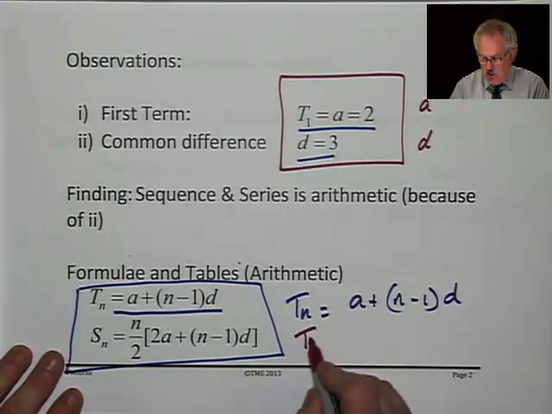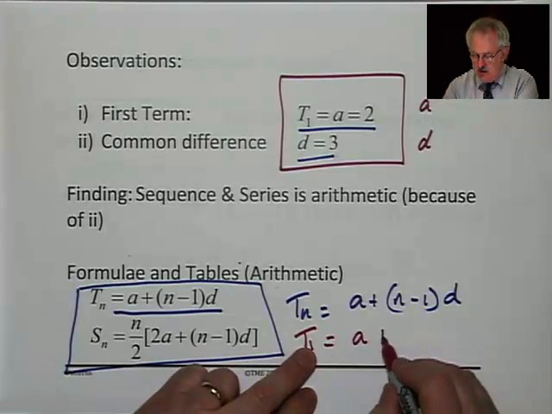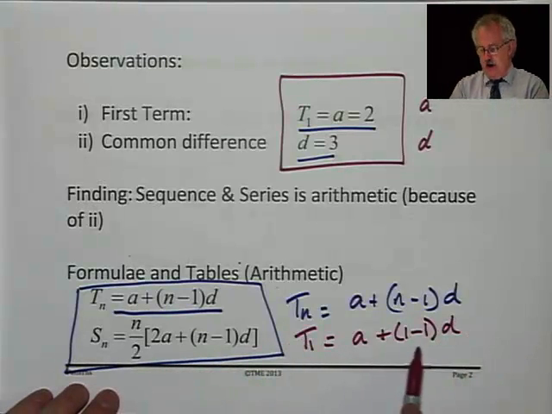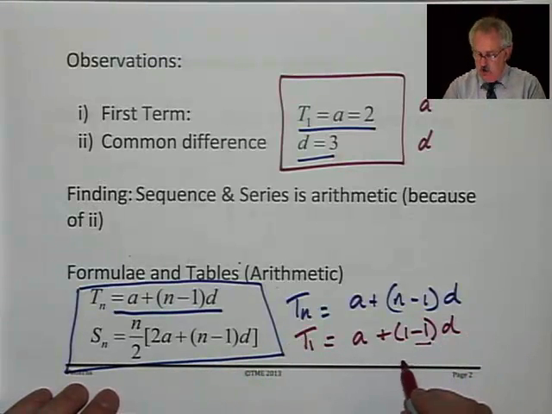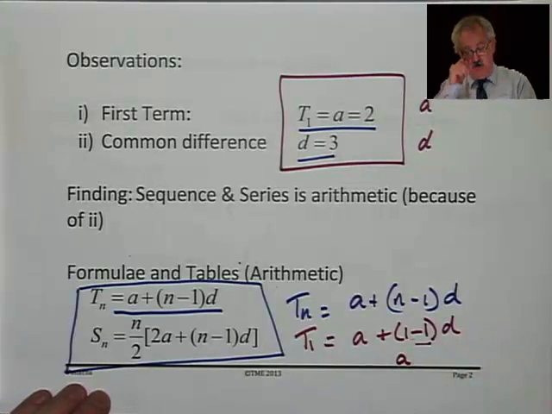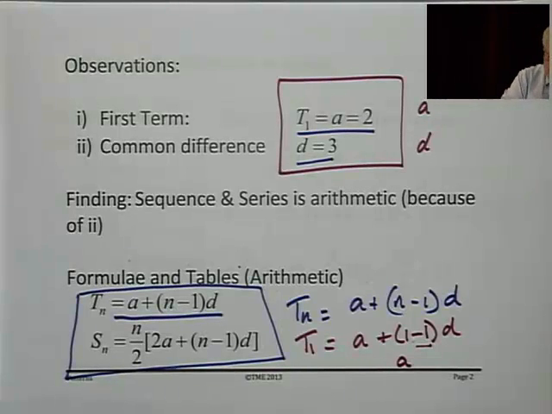So T1 would be the first term. And anywhere you'd see n, you'd put in 1. A plus 1 minus 1 would be 0. It would be just A, because 0 times anything is nothing. Let's look at the formula going forward.